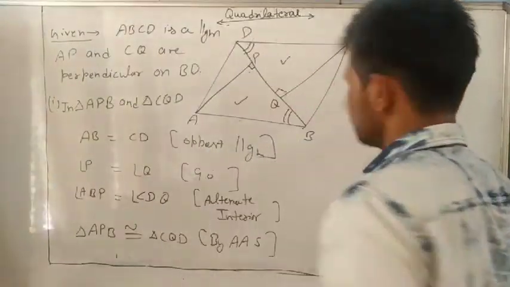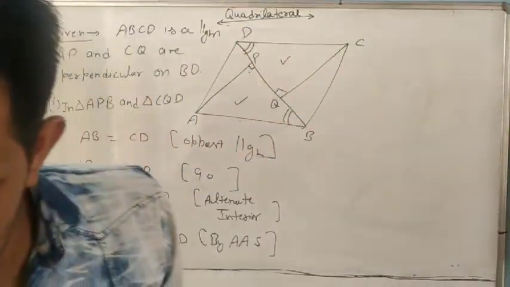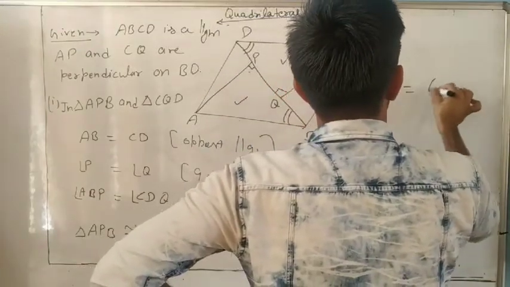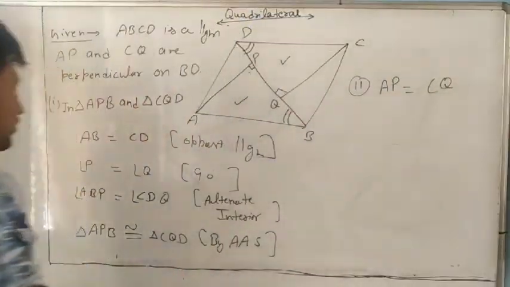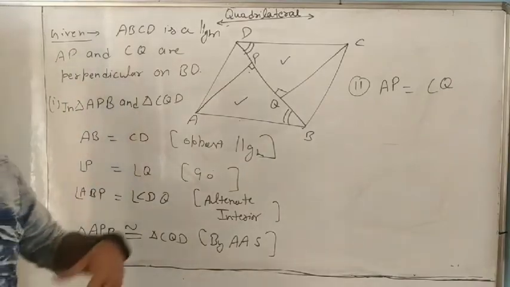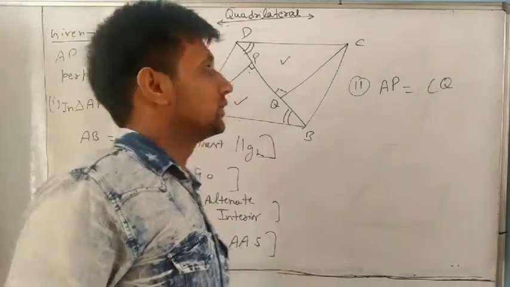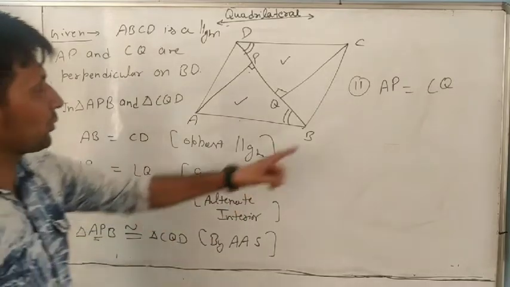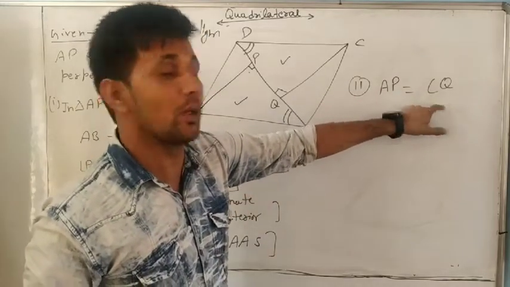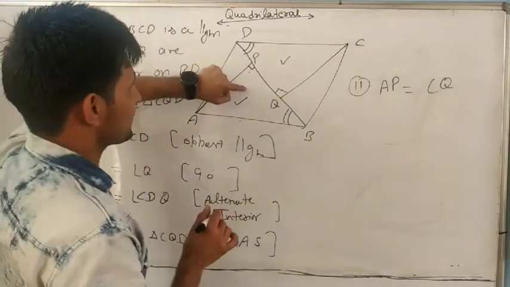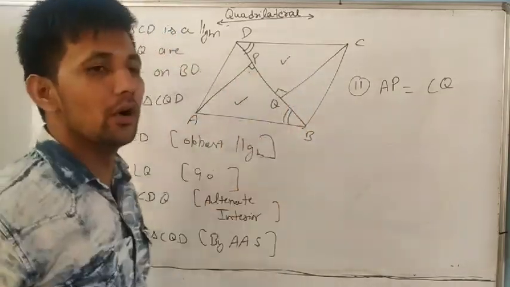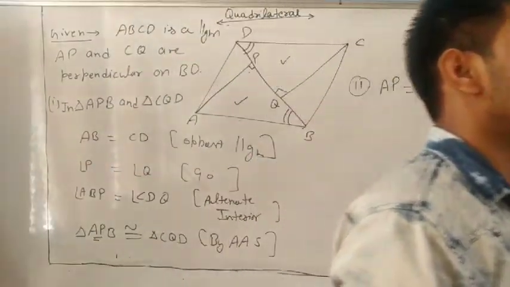Next is AP equal to CQ. Always what I told you, we will use the first part in the second part. We observe AP in this triangle and CQ in the other triangle, two different triangles.